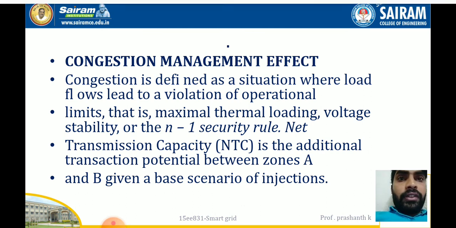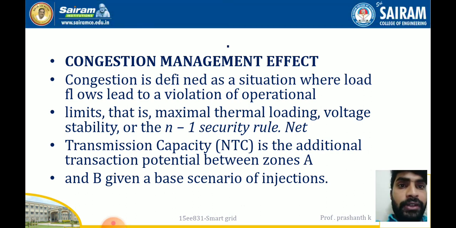Next, there is the congestion management effect. Congestion is defined as the situation where load flow leads to violation of operational limits, that is maximum thermal loading, voltage stability, and N-1 security rules. Net transmission capacity is the additional transaction potential between zones A and B given a base scenario injection. So congestion management is like managing the overall system and the particular situation where load flows lead to a violation of operational limits.